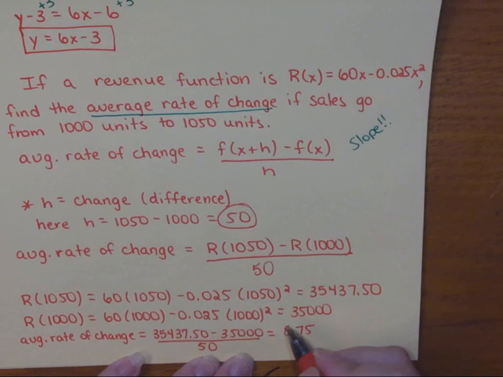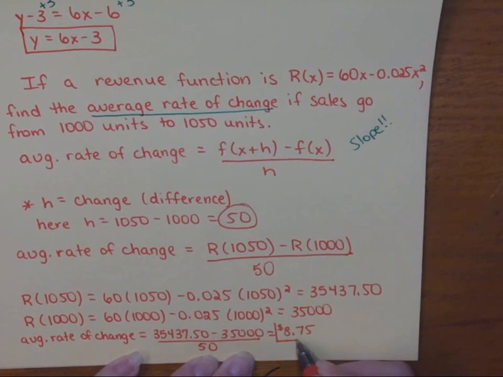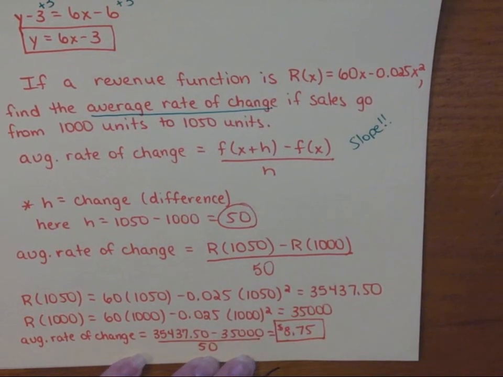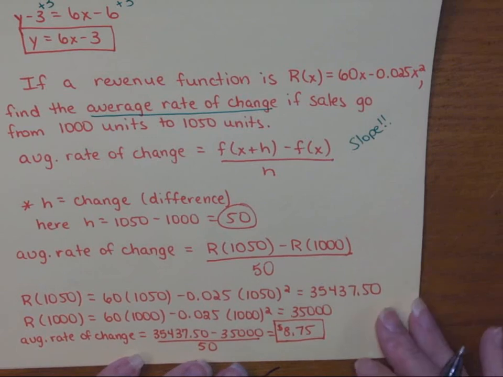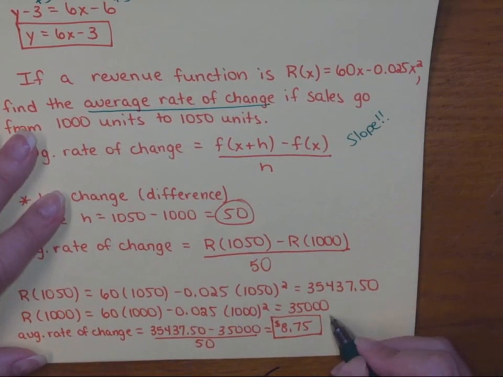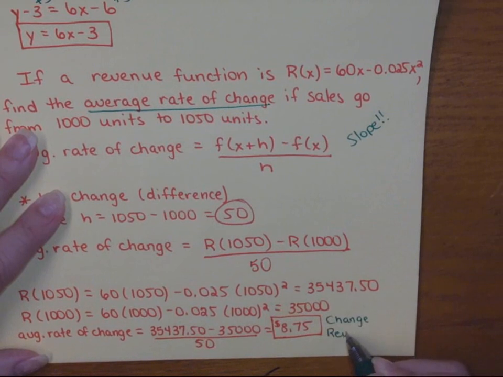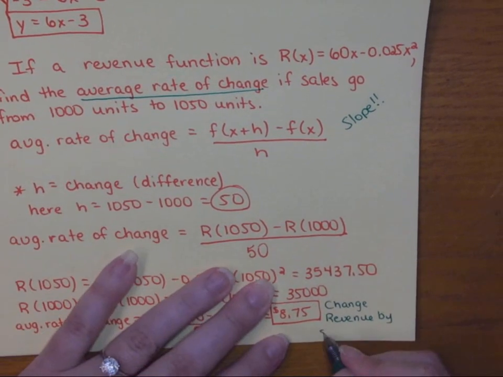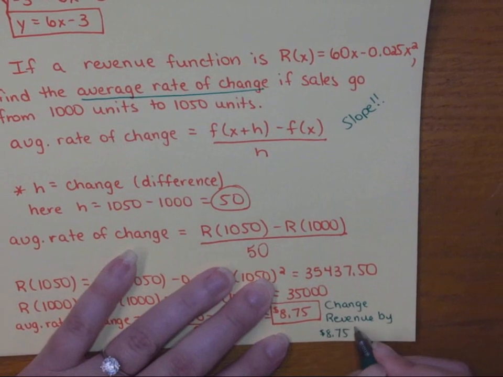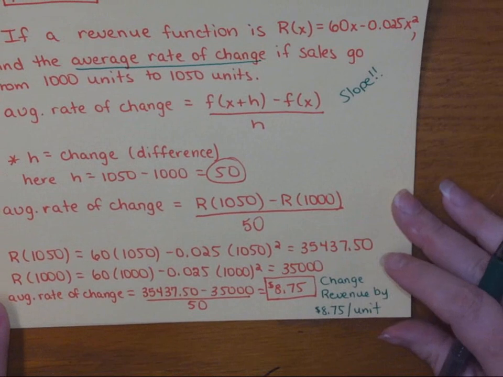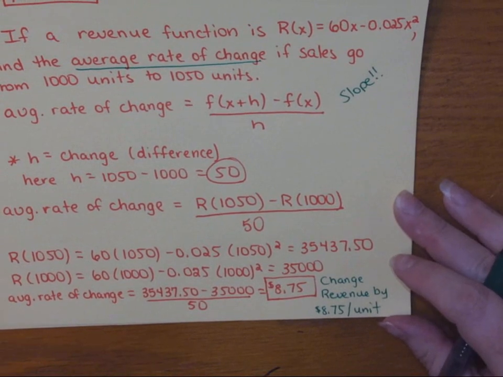Always make sure you put the unit. This is talking about revenue, so it's going to be in dollars. So in other words, we're changing the revenue by $8.75 per unit when we increase production from 1,000 to 1,050.